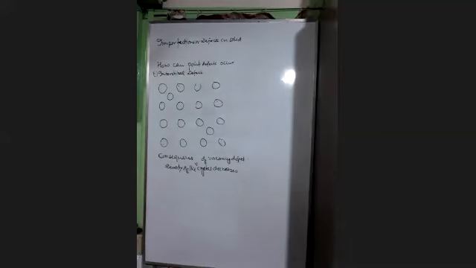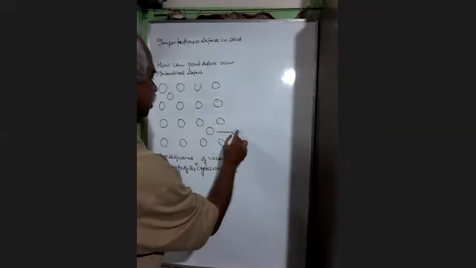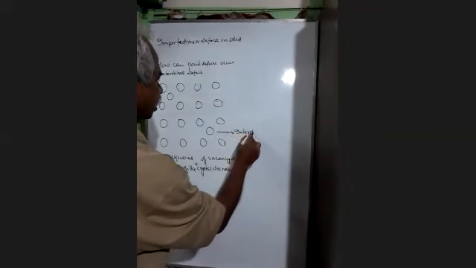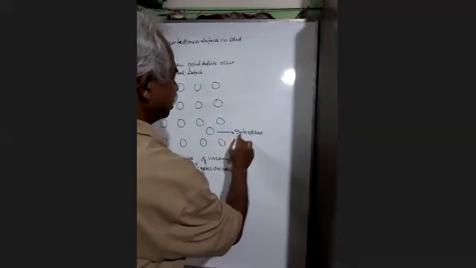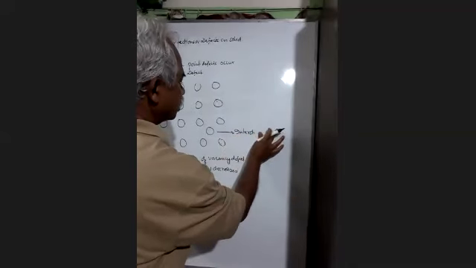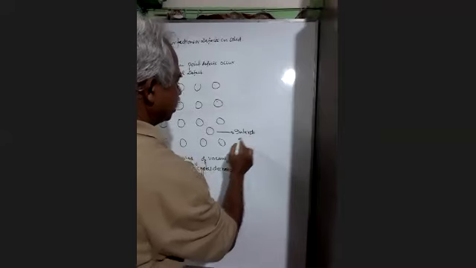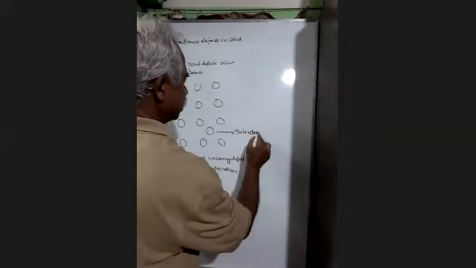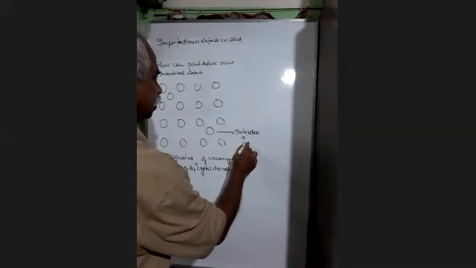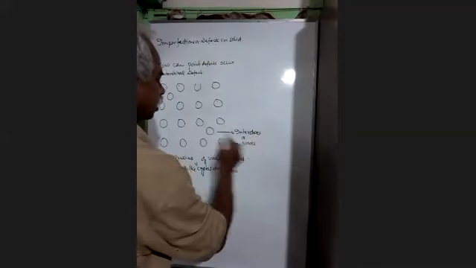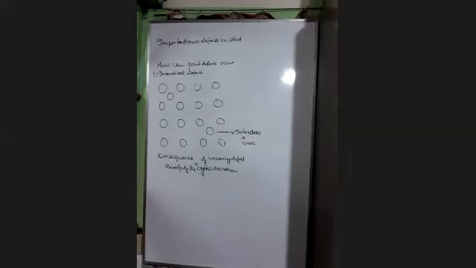These are called interstitials, or interstitial spaces, also known as voids. So you are going to have interstitial defect.